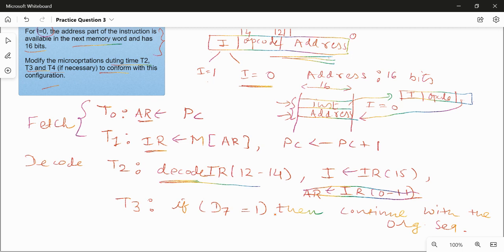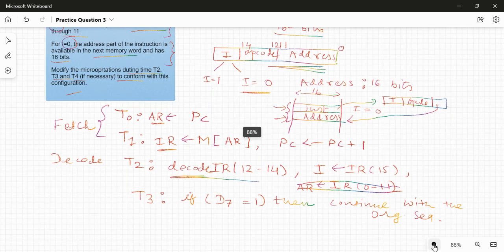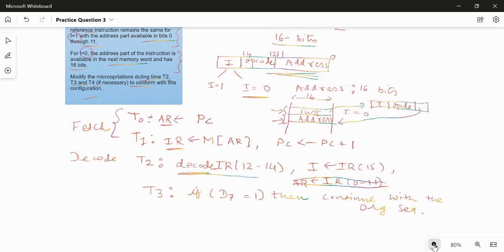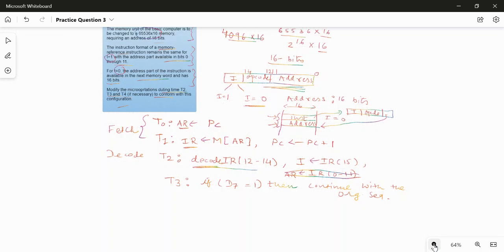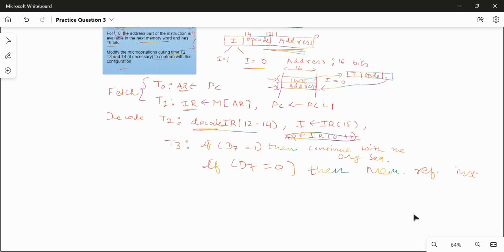But if D7 is not equal to 1, in that case, the control needs to decide what is the addressing mode. Because if D7 is equal to 0, that means it's clearly a memory reference instruction. So in this case, the control has to next identify the mode of addressing.